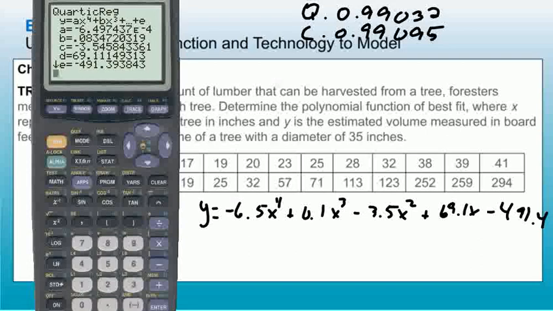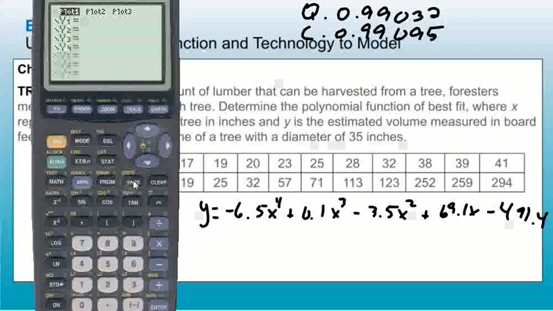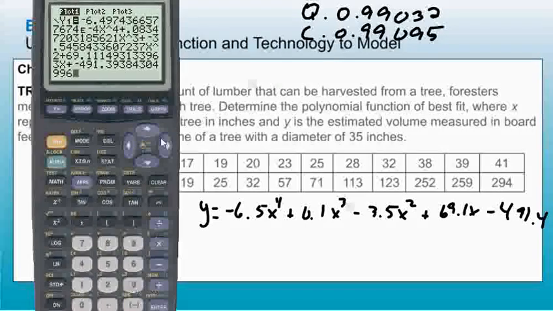Then we're going to use that to estimate the volume of a 35-inch diameter tree to the nearest board foot. So to do this, I'm going to go to my y equals and clear this, hit vars, number 5 statistics, go to EQ, number 1, and then I'm going to graph this.